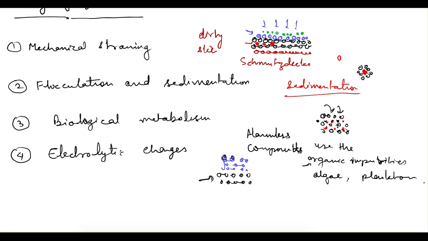As the interaction between the impurities and the sand bed takes place, these electric charges get neutralized, and because of that water becomes purer. That is another action which helps in purifying the water. So these are the four processes that take place in the filter bed.